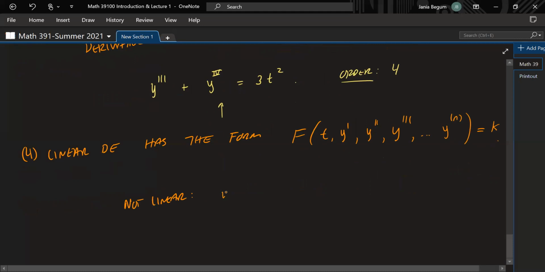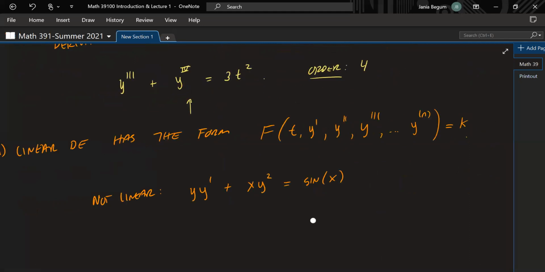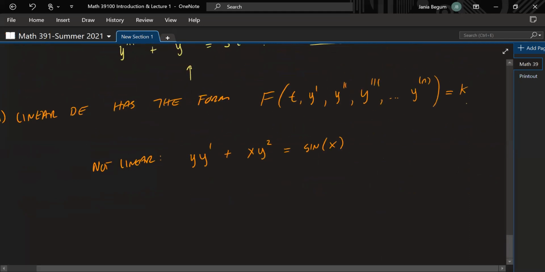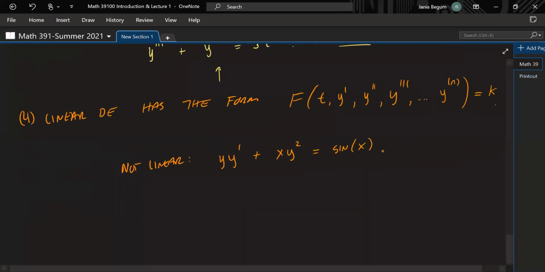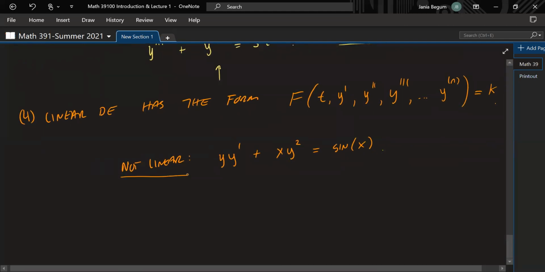So for instance, say you have y times y prime plus xy squared is equal to sine of x. Now that's going to be considered not linear because you have this term right here, and you also have y squared right here. Because of those two terms, it doesn't fit into this definition we have. So we call this equation a nonlinear differential equation. Does that make sense so far?